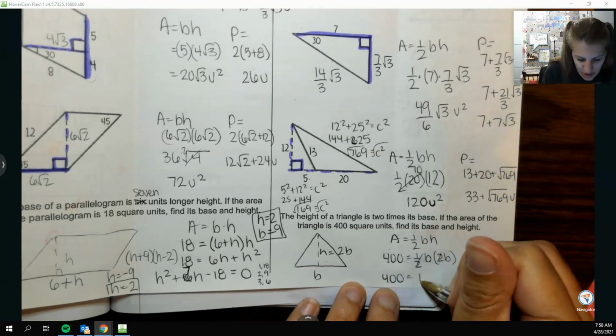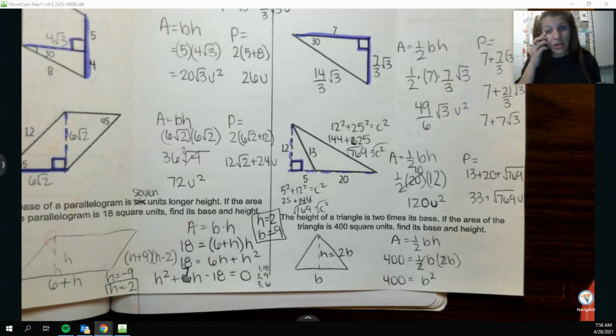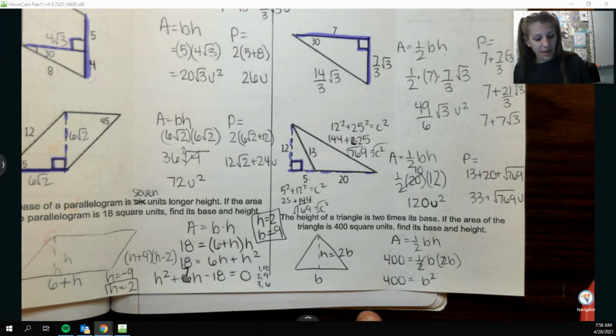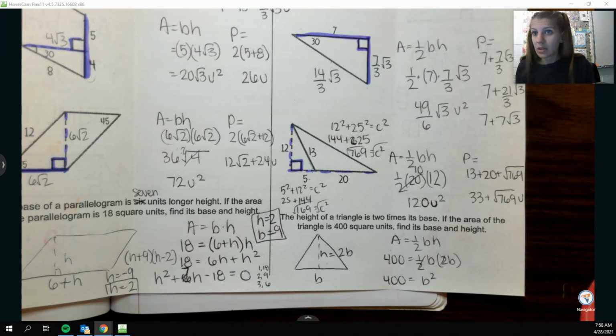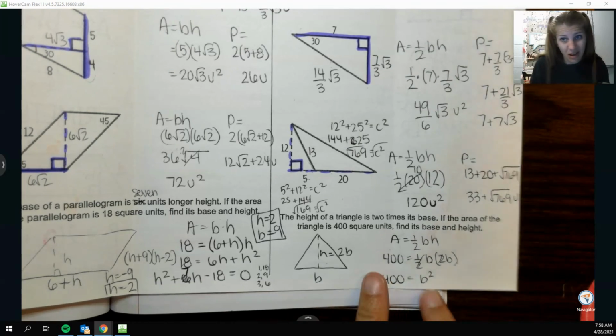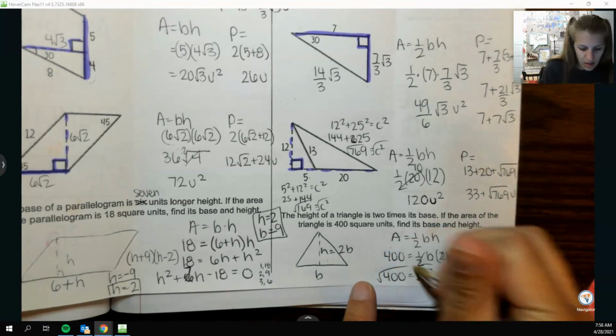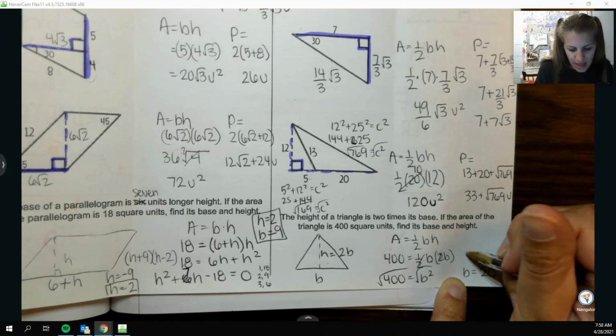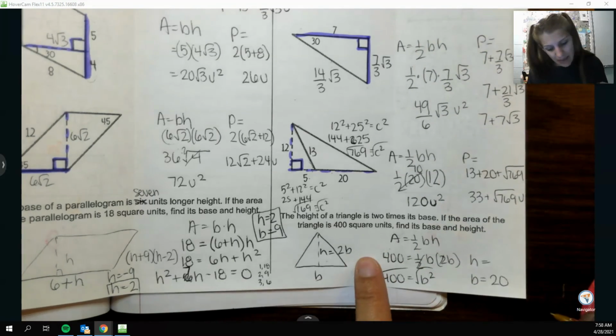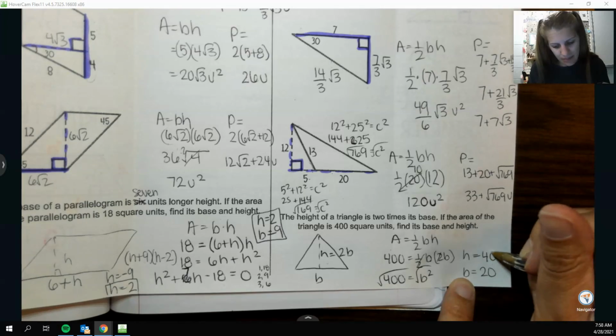So I have 400 equals b squared. And I don't need to do the crazy factoring thing like I did over here because there's not also a plain old b. I can just get b squared alone by square rooting it. So the base is 20, and its height is 2 times the base, so 40.